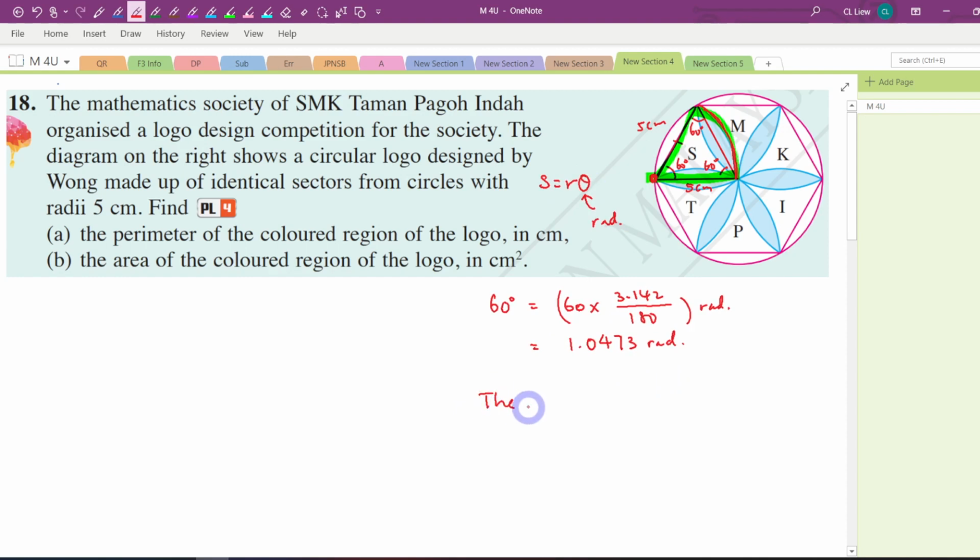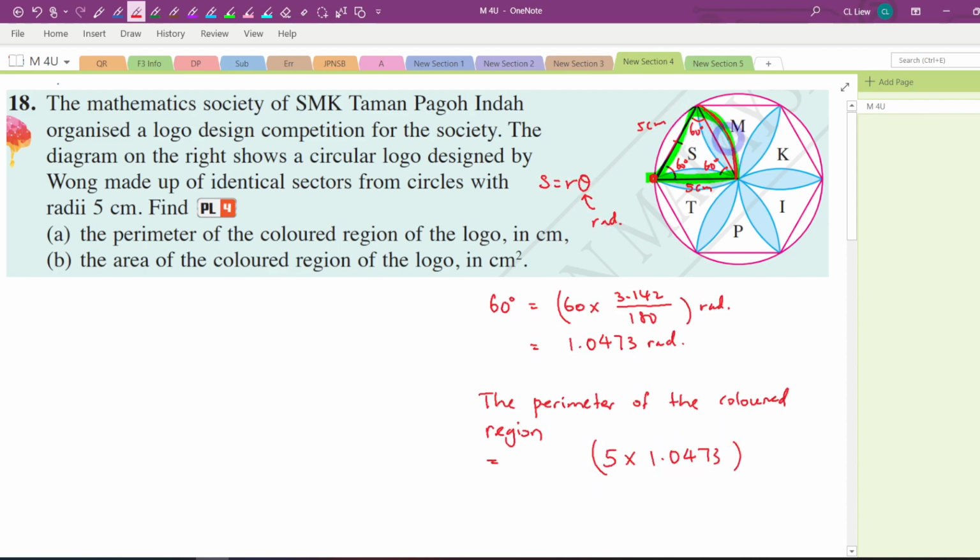The perimeter of the color region. Let me find this arc length first. How do we find this arc length? r theta, right? So r is equal to 5, and theta is equal to 1.0473.